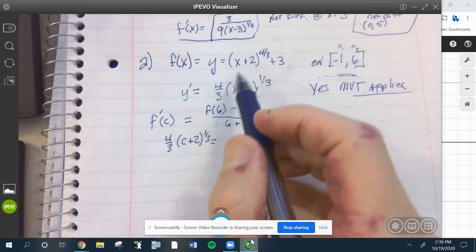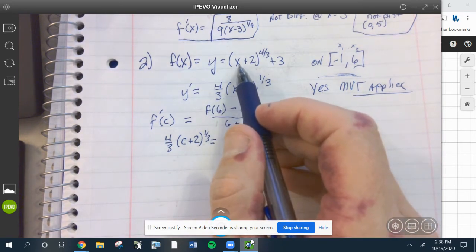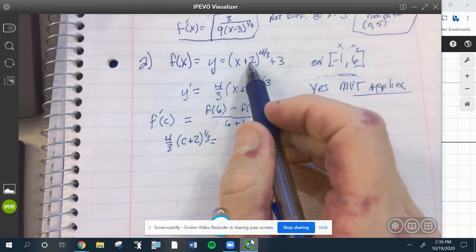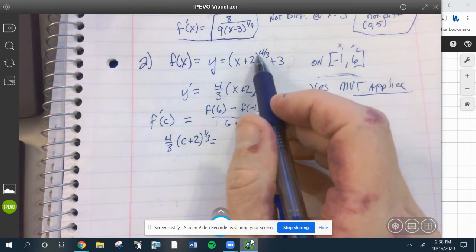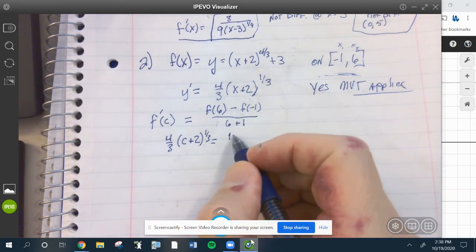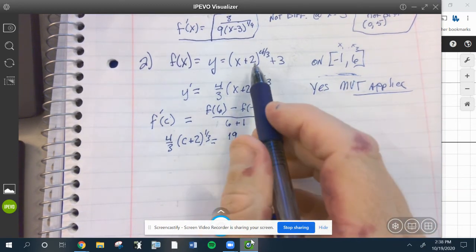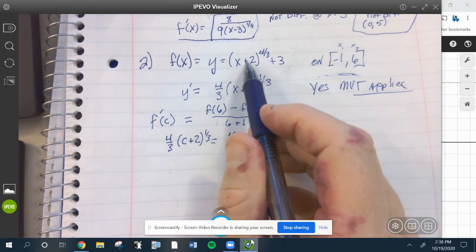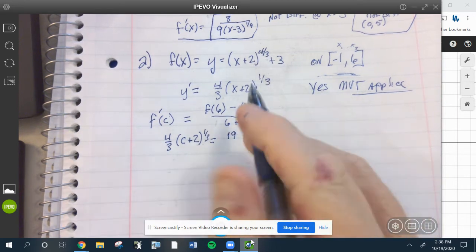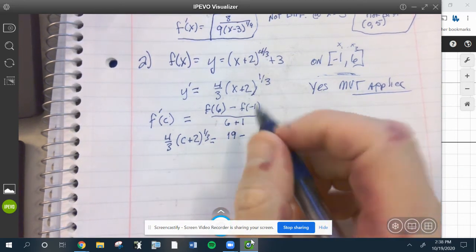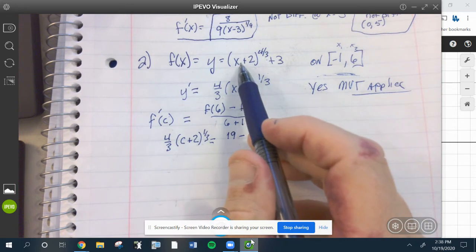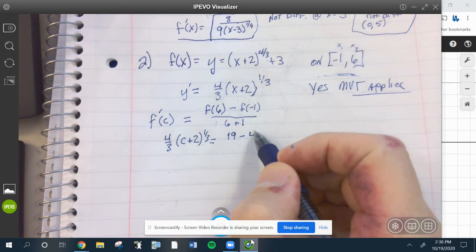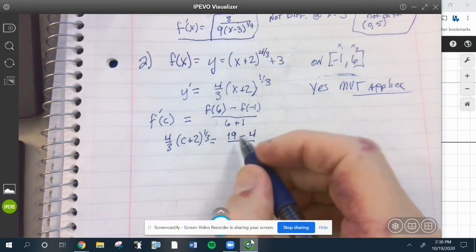You plug 6 into the function. 6 plus 2 is 8. 8 to the 4/3 means the cube root of 8, which is 2, to the 4th, which is 16, plus 3 is 19, minus f of negative 1. When you plug negative 1 in here, it's going to be 1 to the 4/3, which is 1, plus 3 is 4, over 6 plus 1, which is 7.